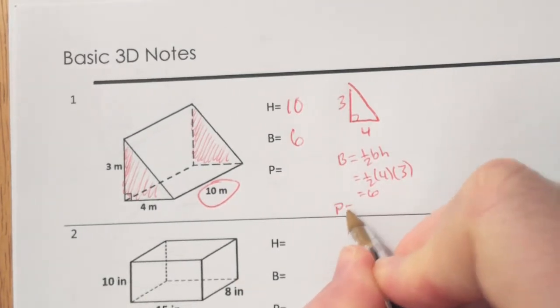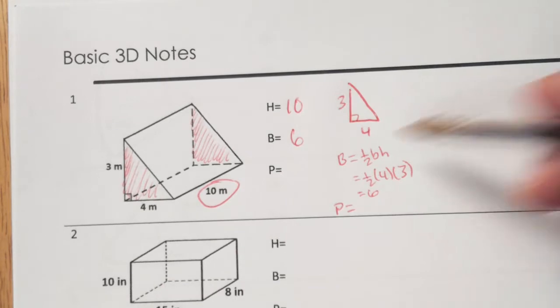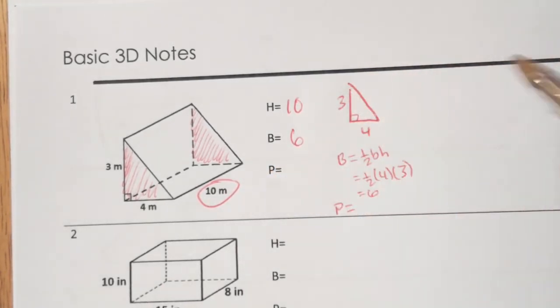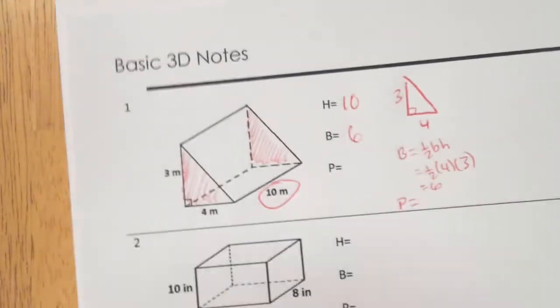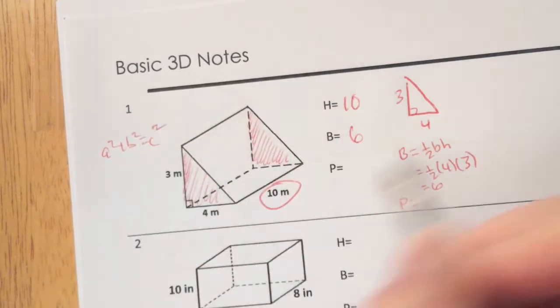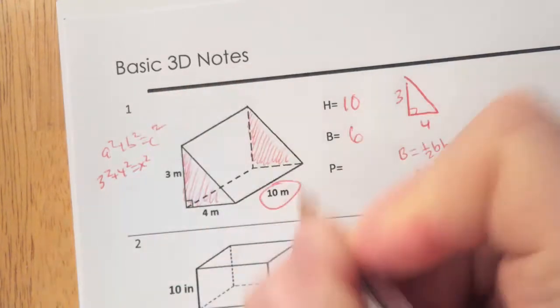Okay, and then what about the perimeter? The perimeter is all of the sides added together on this base. So this is 3, this is 4. If you do the Pythagorean theorem, a squared plus b squared equals c squared, so that's 3 squared plus 4 squared equals x squared.